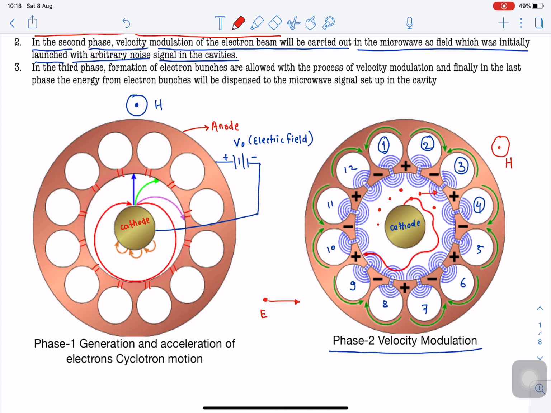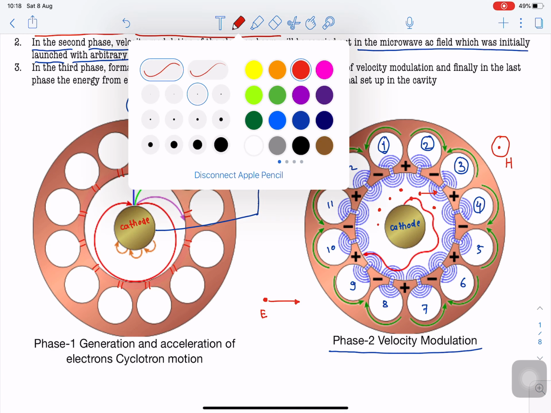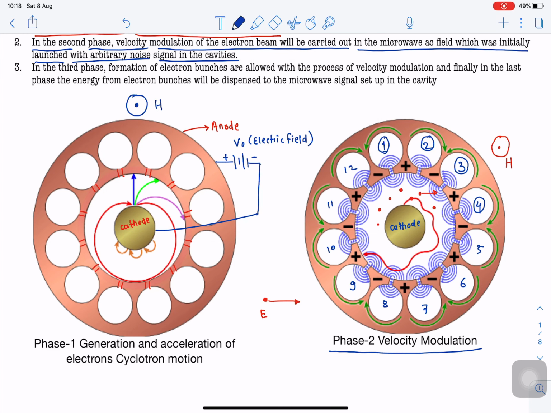While the electric field is attracting the electron towards the anode, simultaneously the magnetic field is also acting on it. This magnetic field I will denote like this. The magnetic field is perpendicular and it is going inside the plane of the paper.